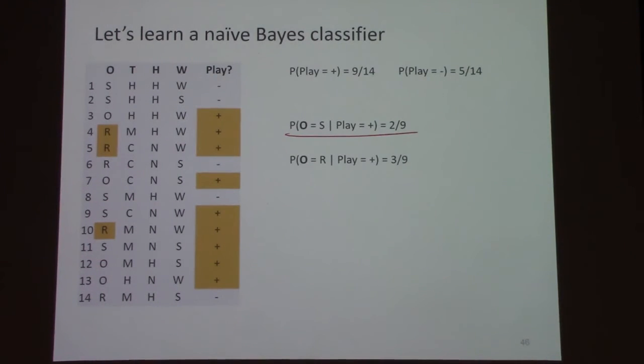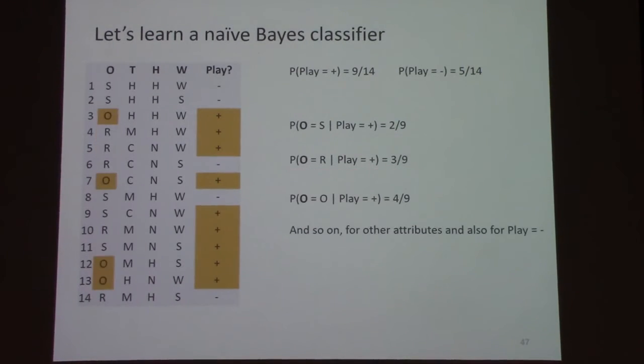I can do the same for other feature values. The likelihood that the outlook is rainy given that the label is plus is 3/9 because there are 3 such instances, and the outlook is overcast given that play is plus is 4/9 because that's all the possibilities. So these 3 should add up to 1.